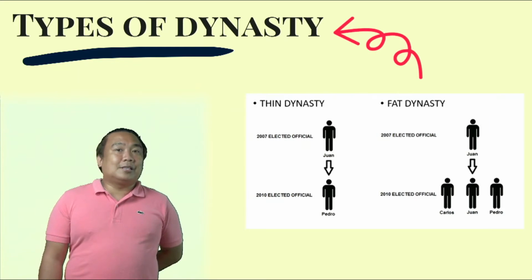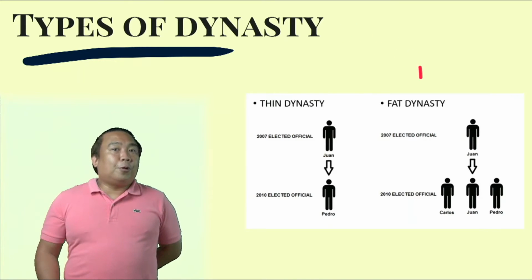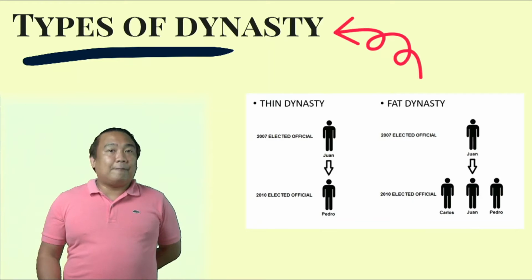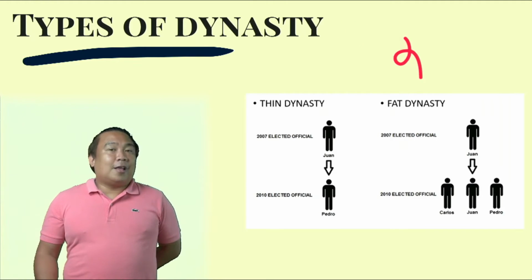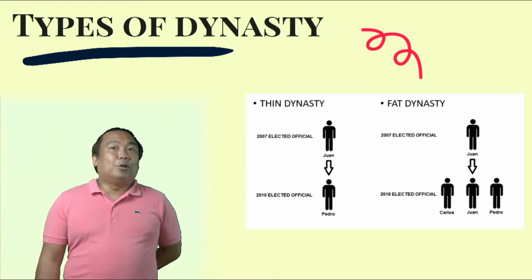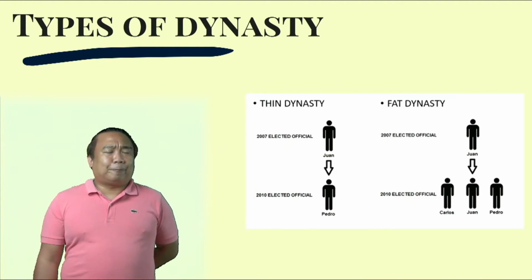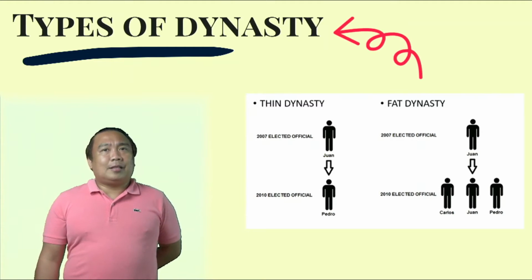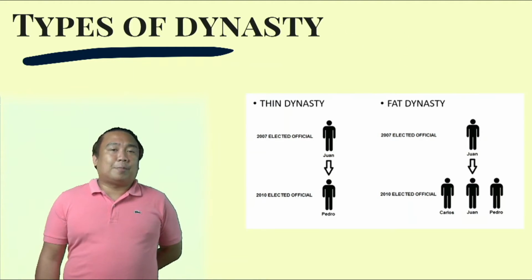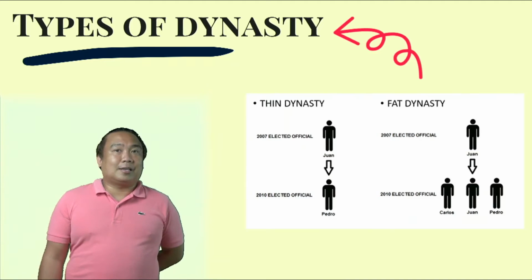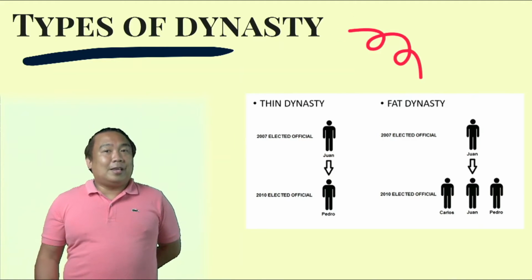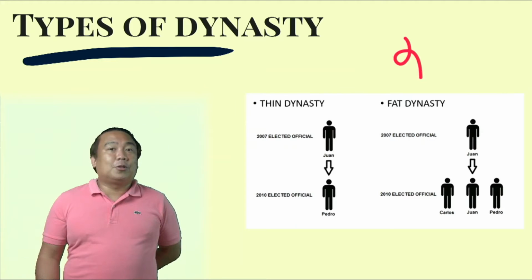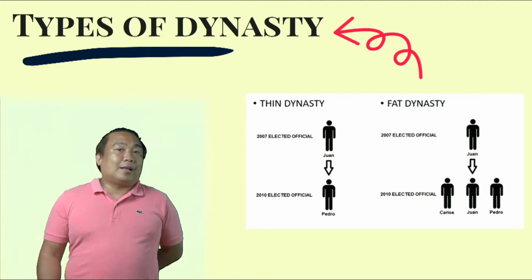Now, a fat dynasty is when multiple members of the family run, enter into politics, and win multiple positions. That is what we call a fat dynasty. Based on studies, they might say that a thin dynasty is much more appreciated than a fat dynasty. Kasi daw sa thin dynasty, isa lang naman yan, so hindi masyado nagdo-dominate in a particular political environment.